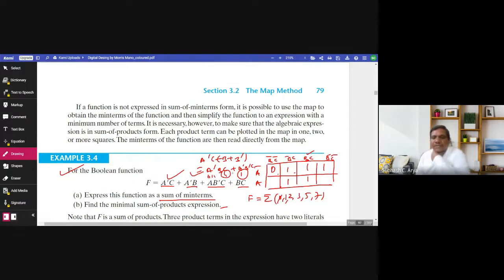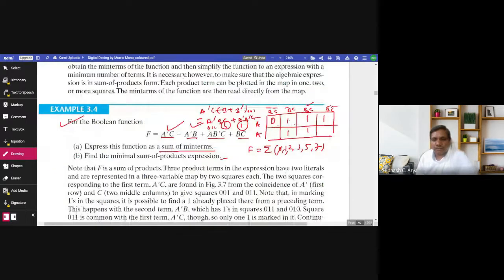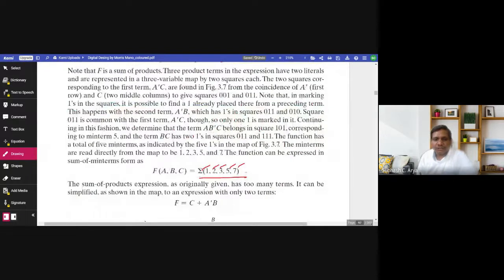That is the 3. And this is A bar B bar C, 0 0 1. 0 0 1 is the 1. So this is 1 and the rest 3. So 1, 2, 3, 4, 5, at 5 places. So this is how we could write the sum of minterms.